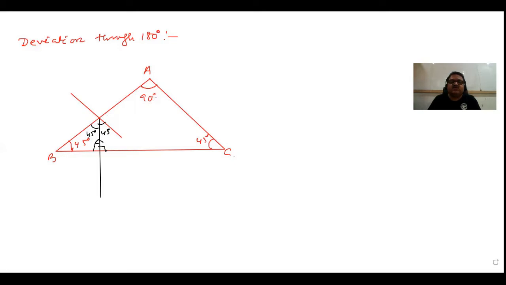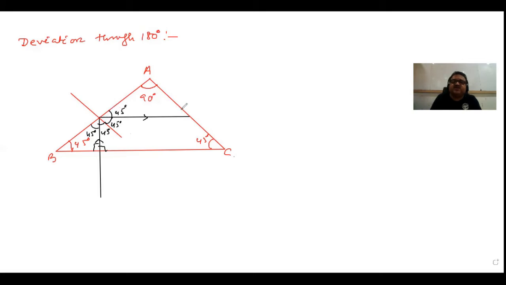Now let me draw the refracted ray. Reflected ray, sorry. Now watch it. Now the question is why I am drawing this ray parallel to the base. Okay, let me do this calculation again. This is 45. Because angle of incidence is equal to angle of reflection, and this is a normal, so this is also 45.